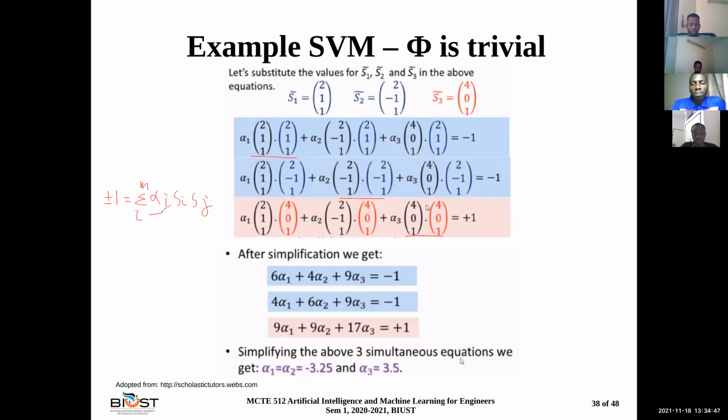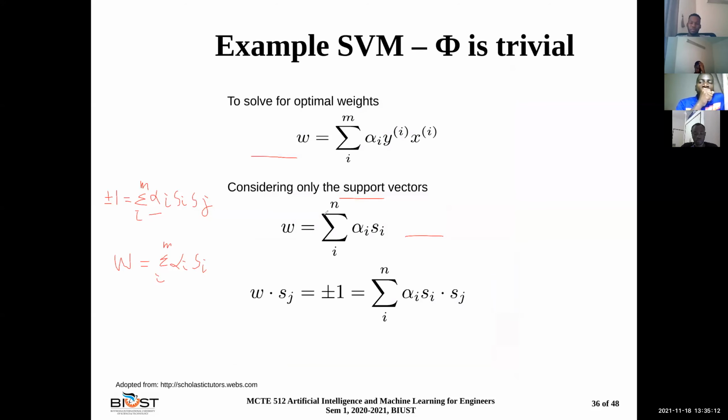Okay, so once we know the value of alpha, then we will use another equation to compute our W. So our W is the summation of alpha I times Si.